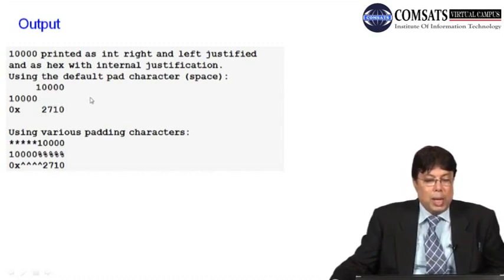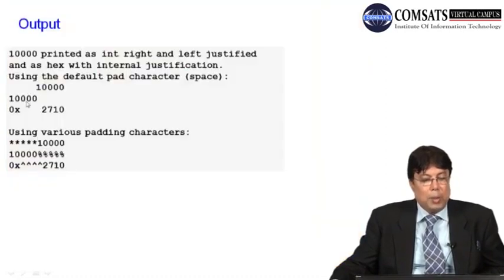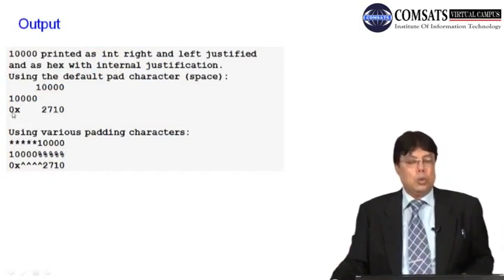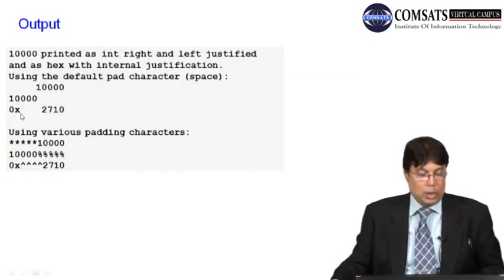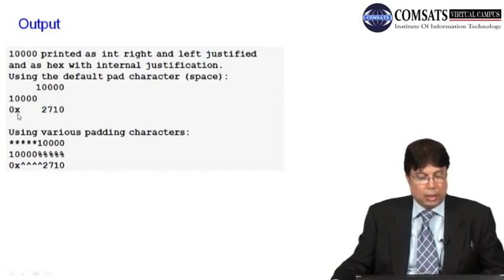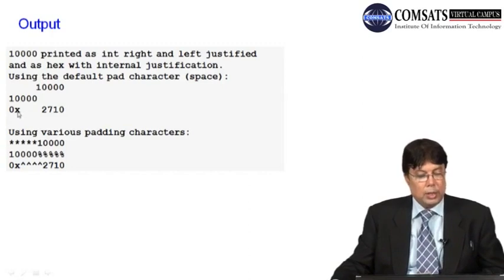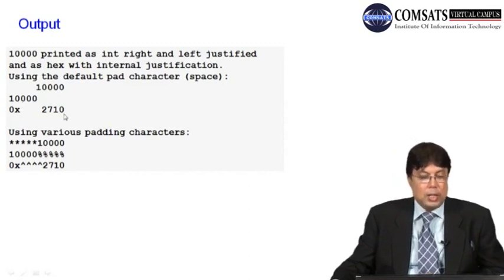Then we said show base, and then printed the value of x. Show base hexadecimal, we use 0 and x. Octal starts from 0, and decimal with nothing, neither 0 nor x. It is printed as it is. So this means that it is hexadecimal output. So 1000 in hexadecimal output is 2710. That is equal to 1000.